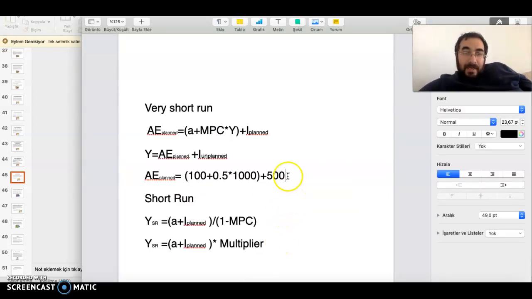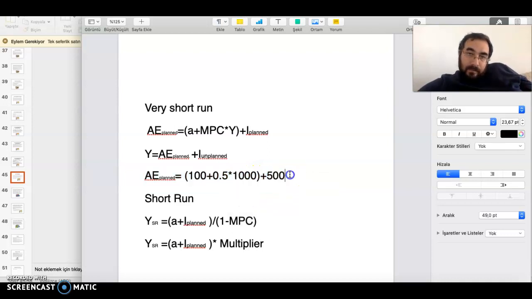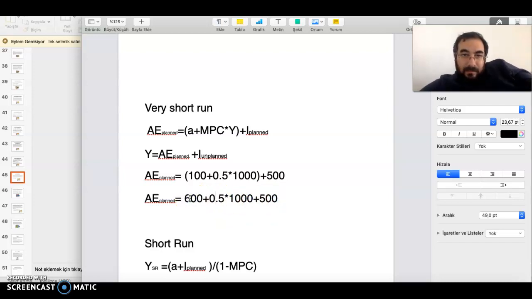So my AE planned is basically, I can open this parentheses. Let's leave it here for now, for this one at least. Now I can open this parentheses and add this 500 and 100, this number and this number to each other and make it 600.